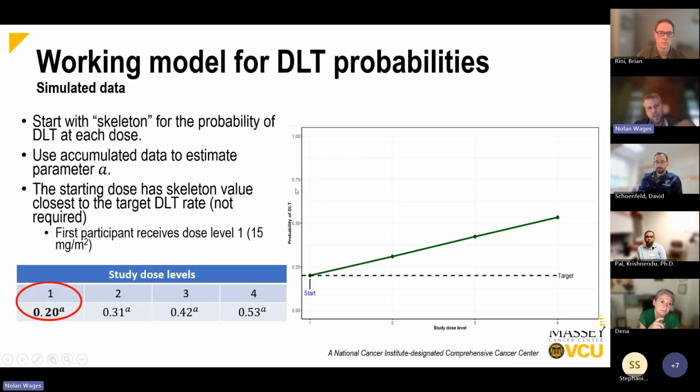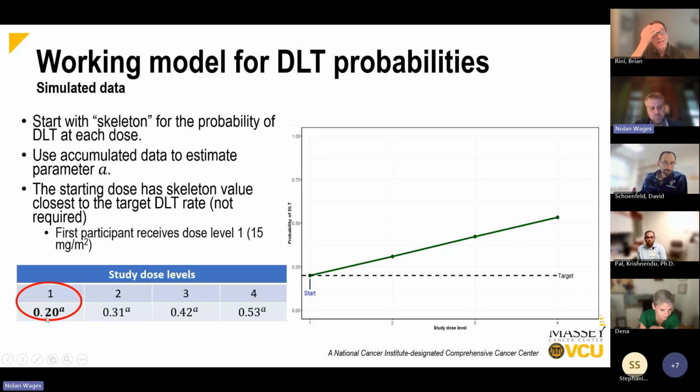So this is just going to give a brief illustration of how CRM works. We're going to start with what's called a skeleton for the probability of DLT at each dose. This is sort of an initial guess of the probability of DLT at each dose level. I could give a talk on how these are chosen, but in the interest of time, I'm not going to go too much into that.